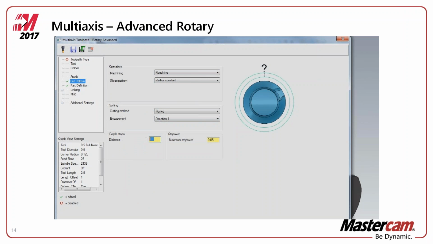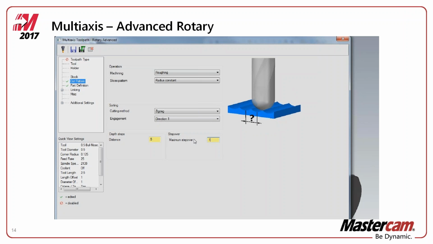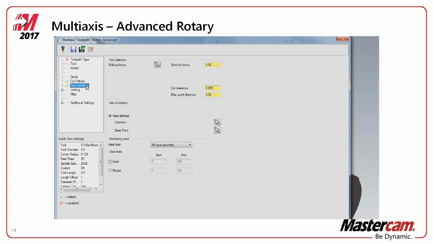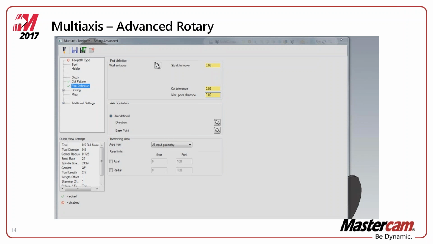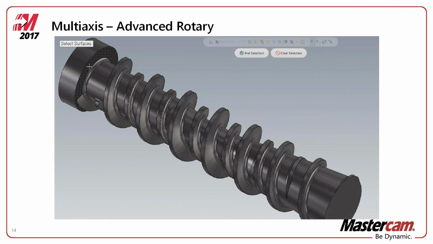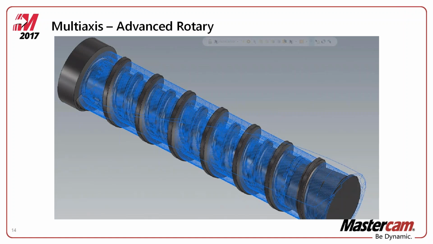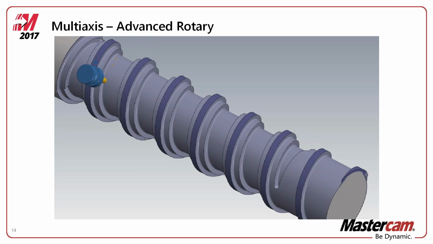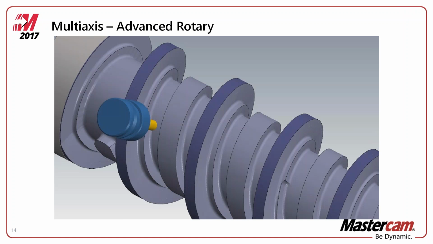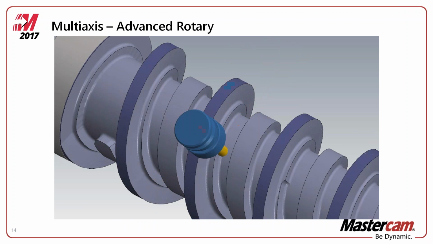Then once we pick that model and say OK, we'll see what the toolpath is going to look like. If we were to bring that into Verify, you can see it's a nice, smooth toolpath that they've added in.